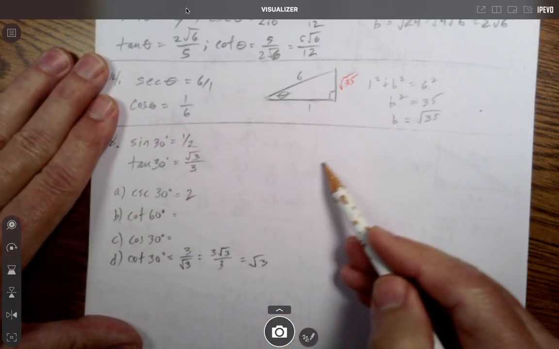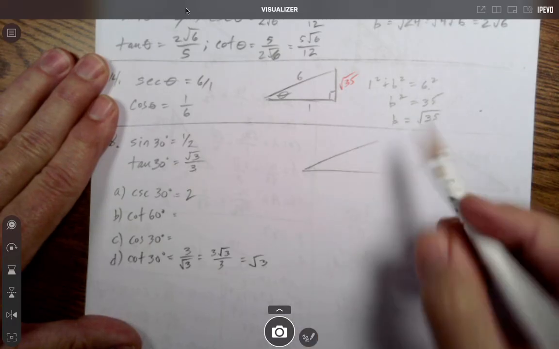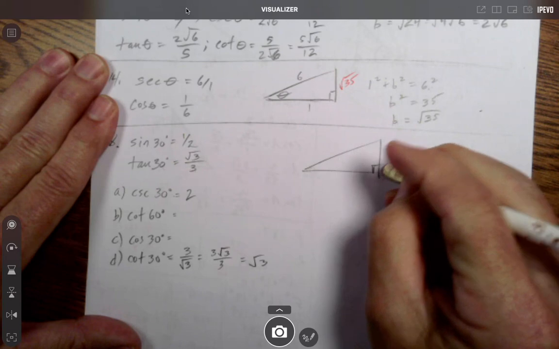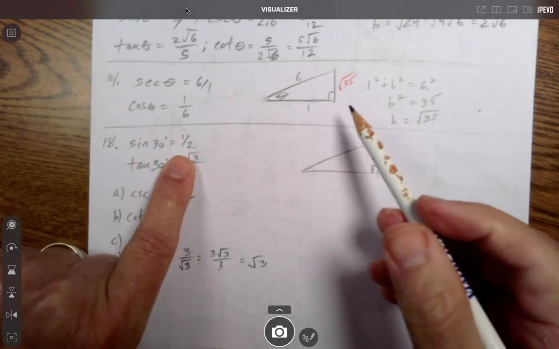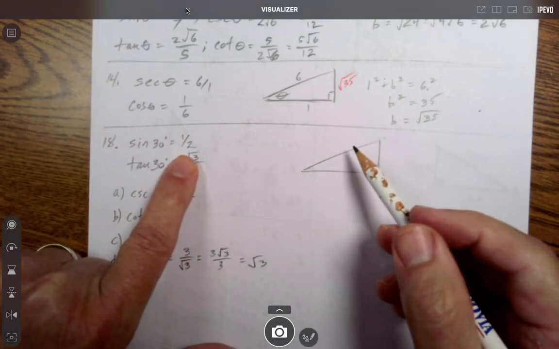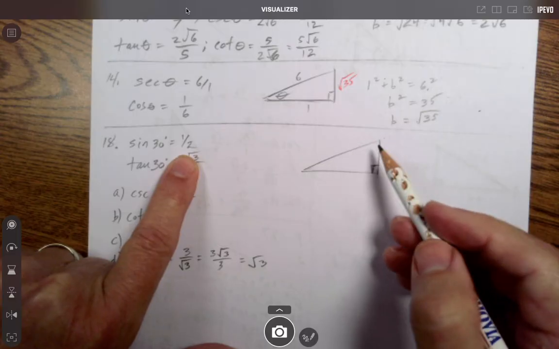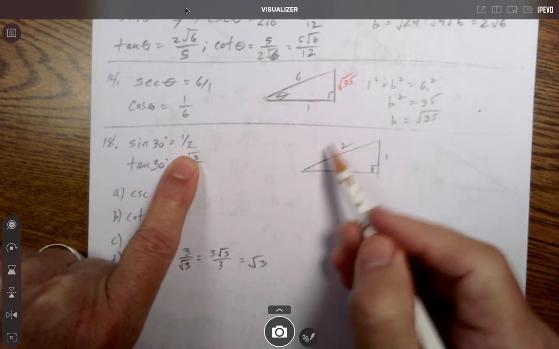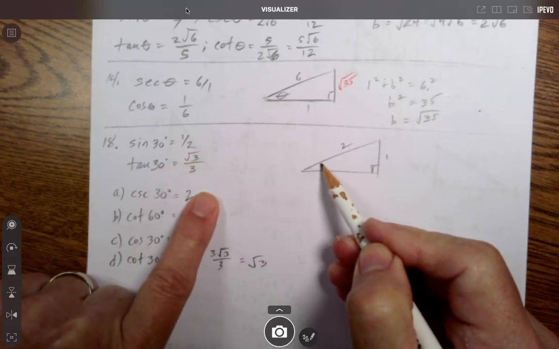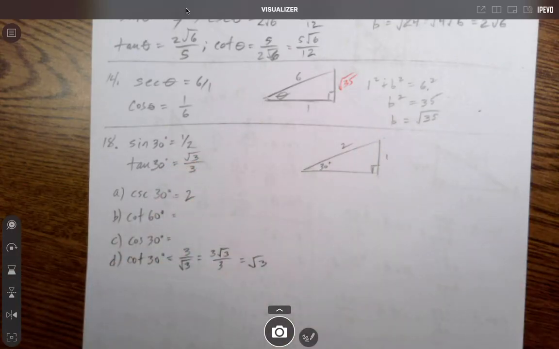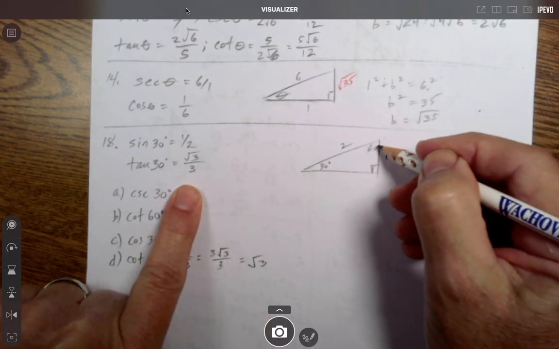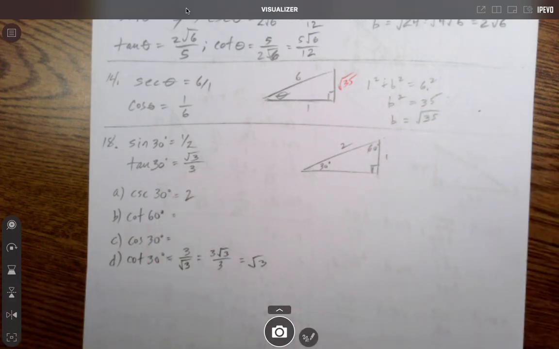So let's look at the triangle here. Here's what's given. So I know that sine is 1 over 2, so that must be 1, that's 2. Right, if this is the angle that's 30 degrees. Okay, now remember, if this angle is 30 degrees and this angle is 60 degrees, because those are complementary angles.